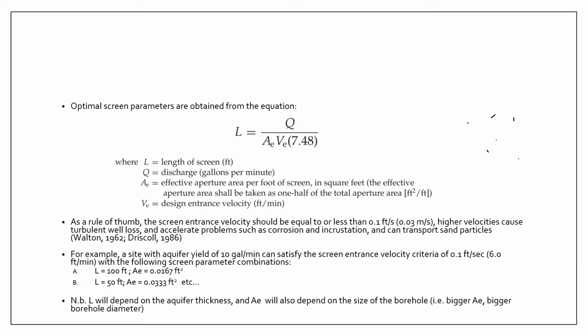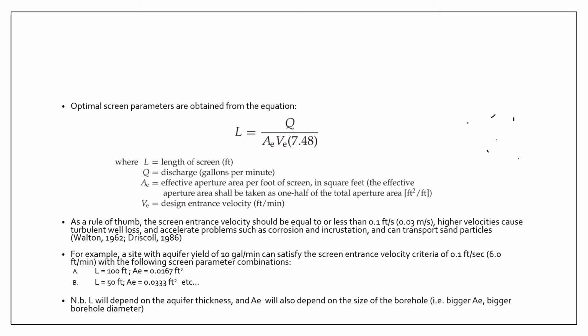And of course, this can also worsen your problem of sand flow or sanding, or the flowage of sand into your well. All right, so our target or the ideal entrance velocity is 0.1 feet per second or 0.03 meters per second. Or this is also equal to 6 feet per minute.